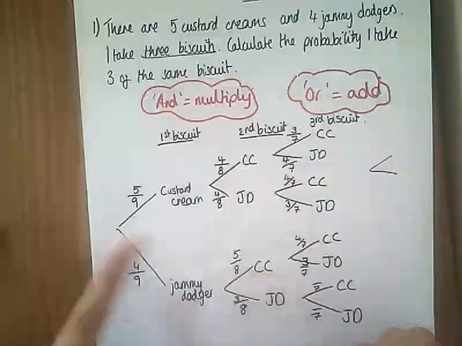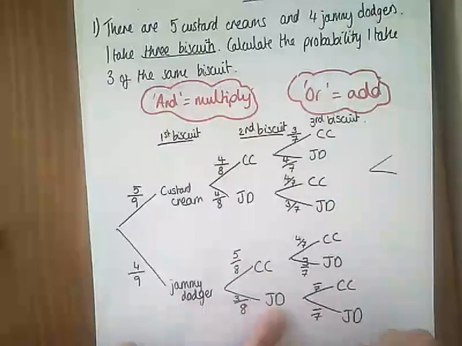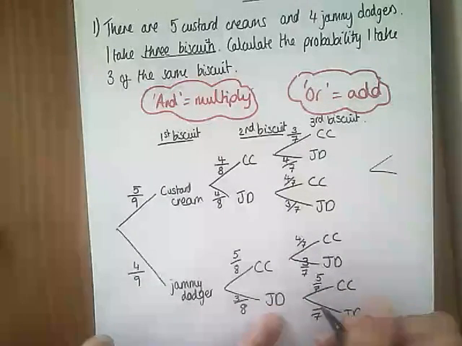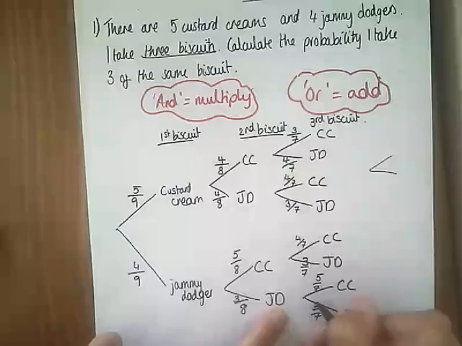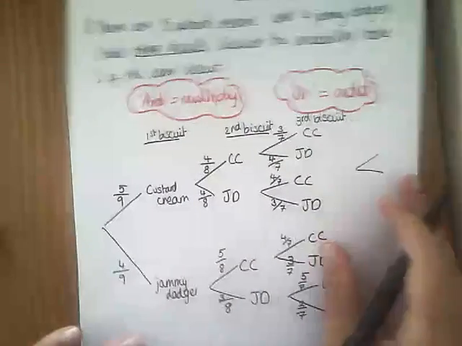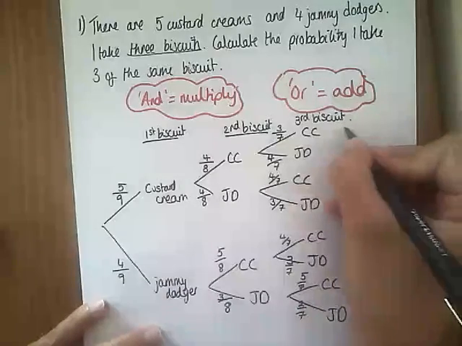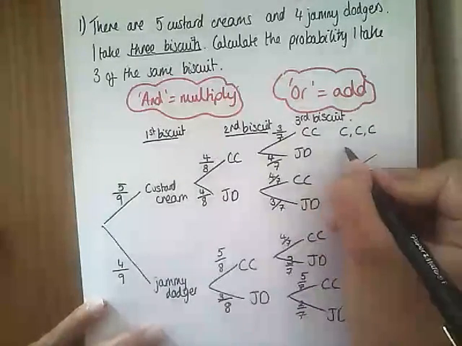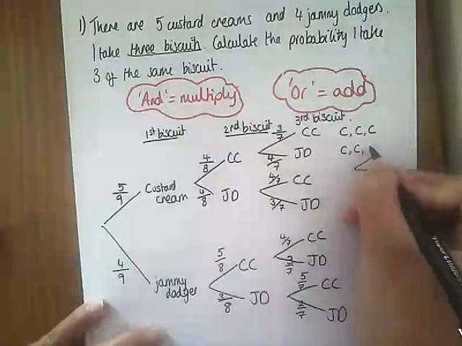If I've taken a jammy dodger and a jammy dodger, I've got the same amount of custard creams, but 2 fewer jammy dodgers. Right, so if I end here, what has happened? I've taken a custard cream and a custard cream. If I end here, I've taken a custard cream and then a jammy dodger.